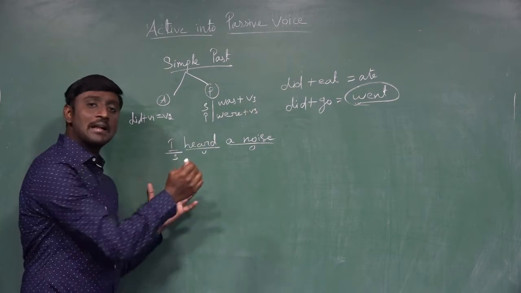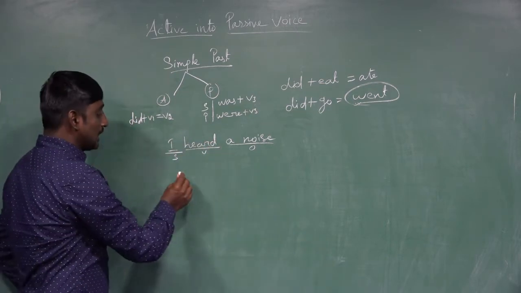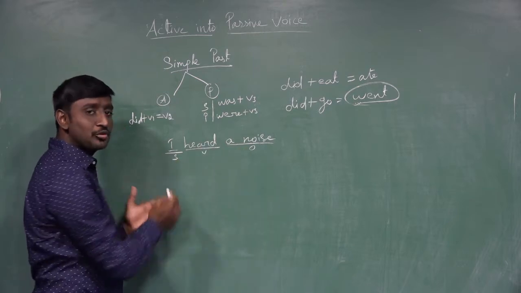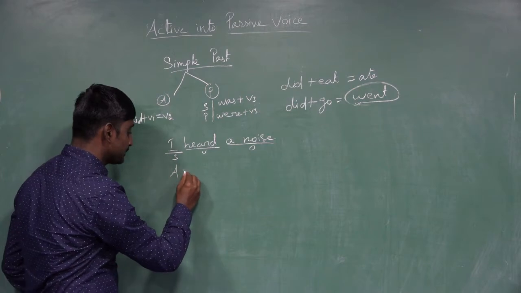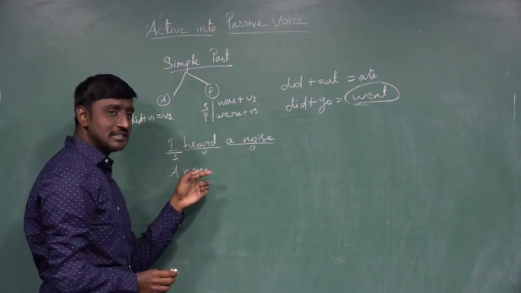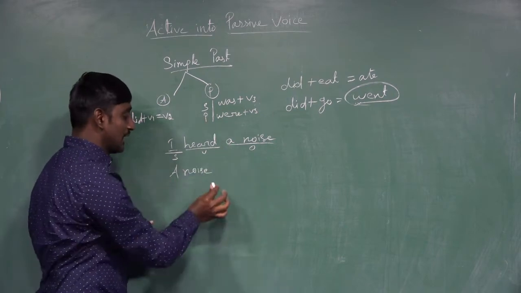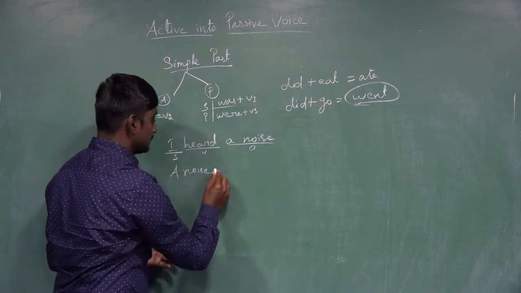The SVO pattern is changed to the OVS pattern. The object comes to the subject place. So a noise. Is noise singular or plural? Singular. So for singular, what is the auxiliary required? Was.